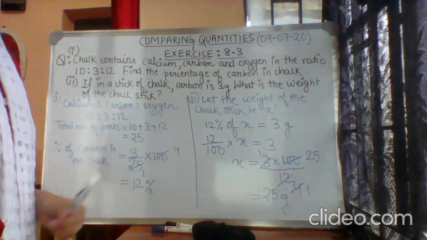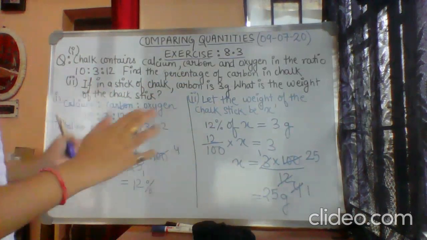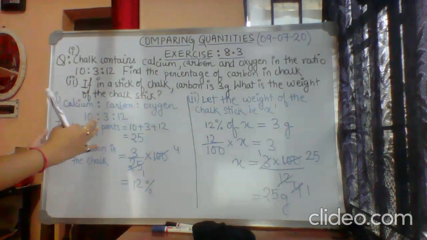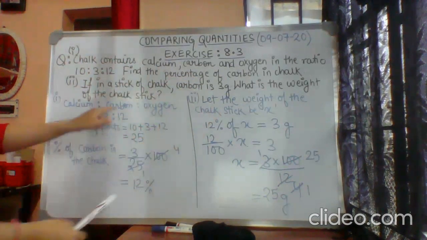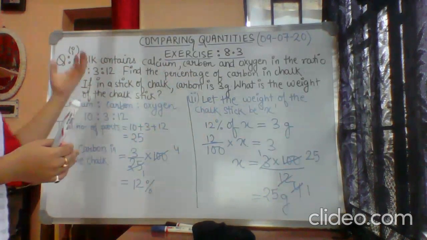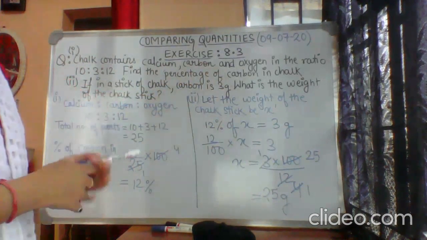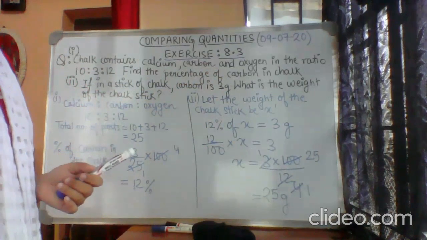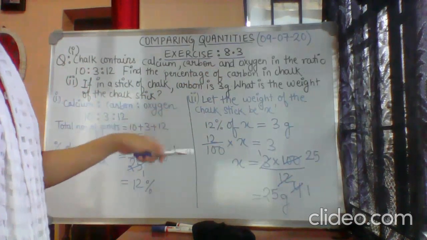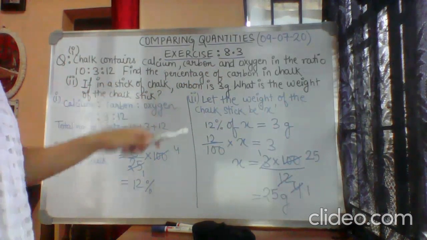Okay, this is clear. So how to convert each part of the ratio into percentage, that we have learned. From there, we learned how to solve word problems. Okay, so in this way we will convert ratio into percentage.